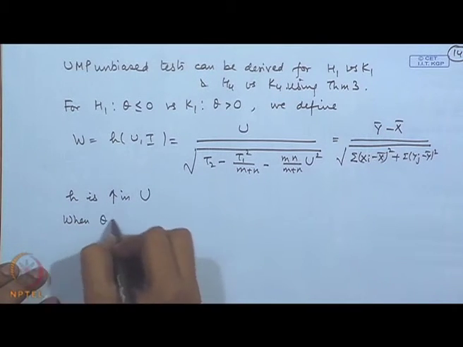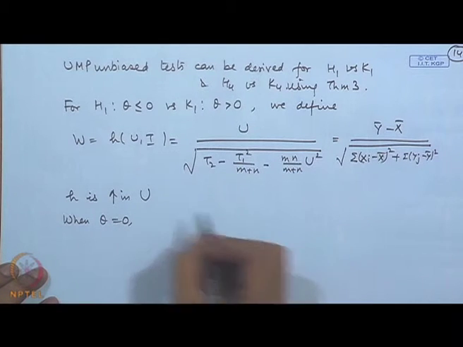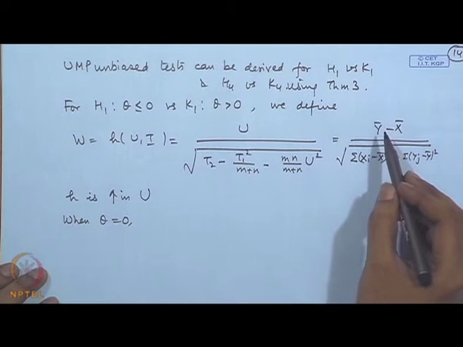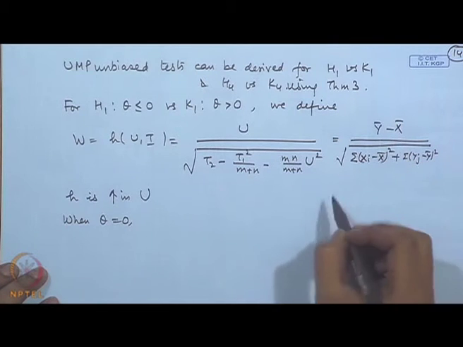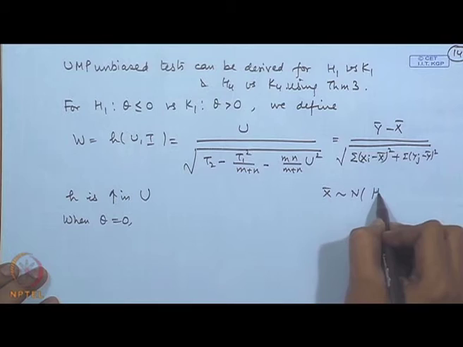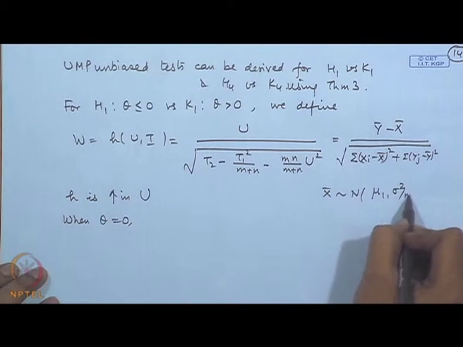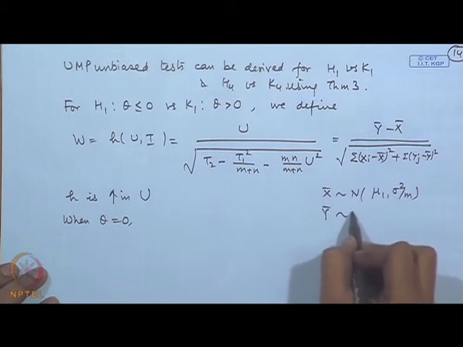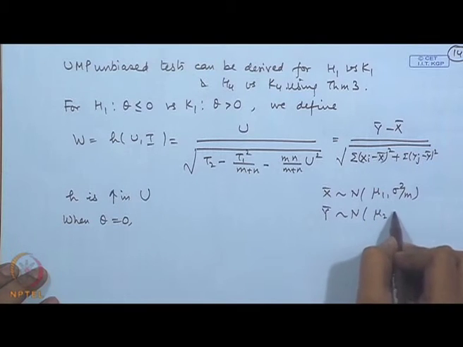When theta is equal to 0, now let us look at the distribution theory here. What are the distributions here? X bar will follow normal mu 1, sigma square by m, y bar follows normal mu 2, sigma square by n.